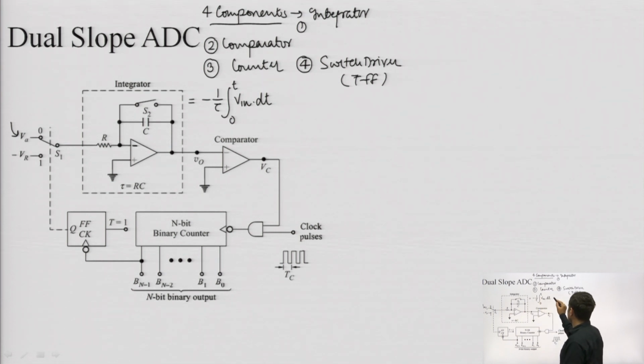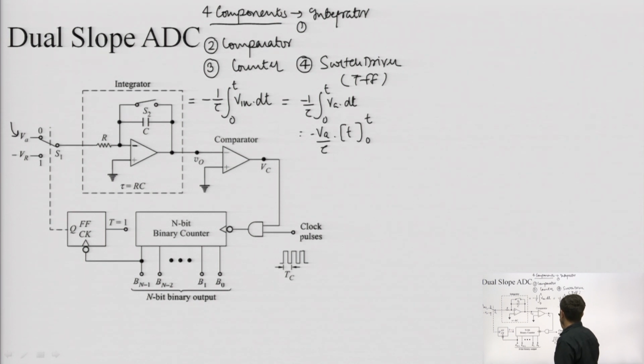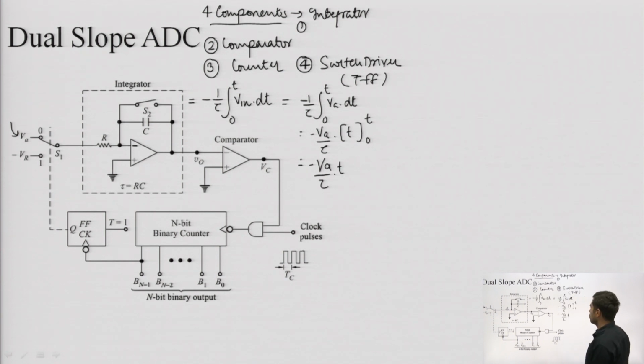So the integrator output will be -1 by tau, integral 0 to t of VA dt. VA is constant, so minus VA by tau into t, from 0 to t. If we put the limits, it becomes minus VA by tau into t. So this is the output.